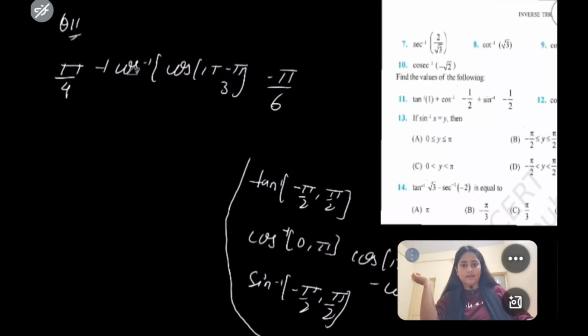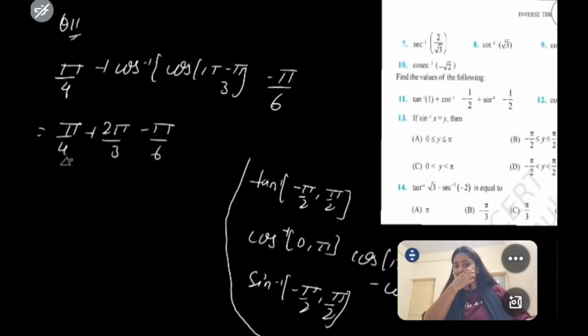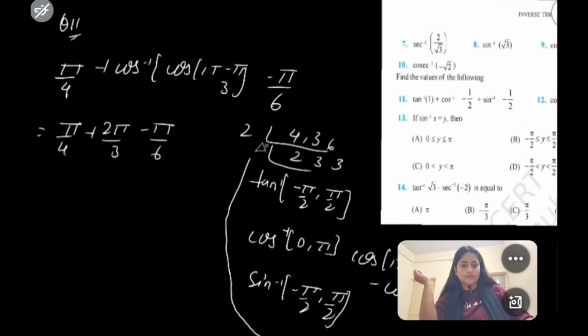So from here we can write pi by 4 plus 2 pi by 3 minus pi by 6. Now we will take the LCM of 4, 3, 6. For those who don't know how to take LCM, we write 4, 3, 6, divide by 2, 2, 3, 3, 1, 1, 2.